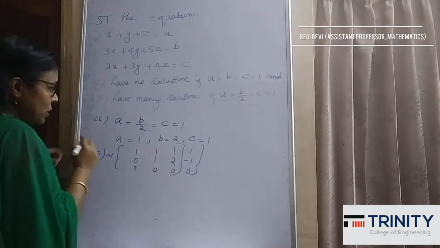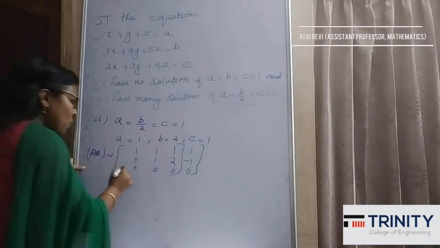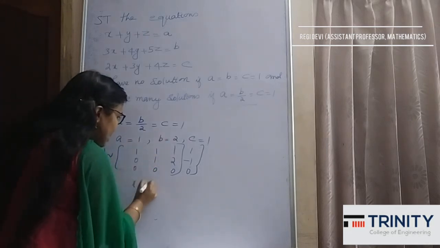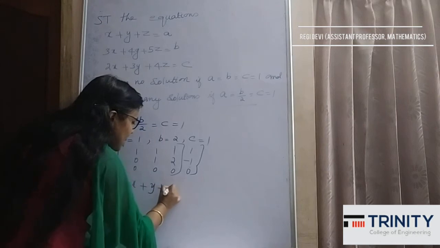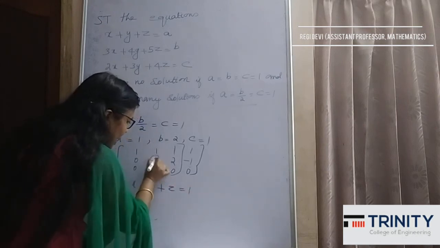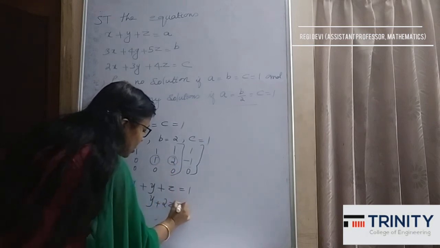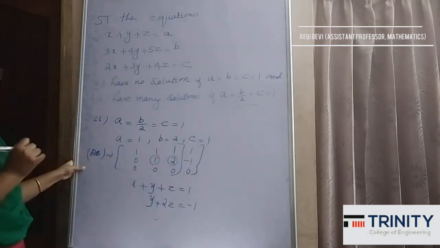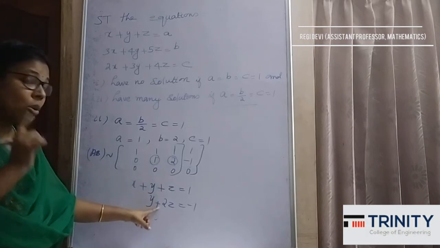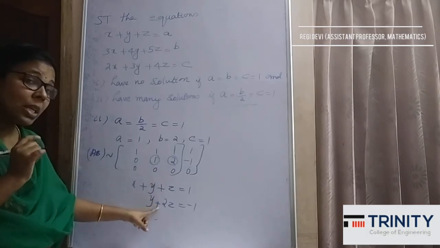Now what about the solutions? Write it in equation form: x plus y plus z equal to 1, and y plus 2z equal to minus 1. Here the number of unknowns is 3 and the number of equations is 2.